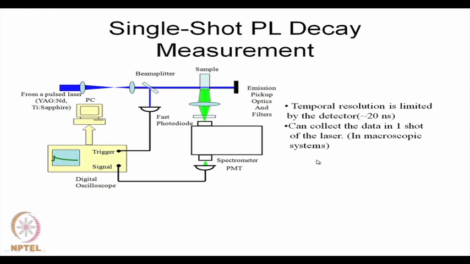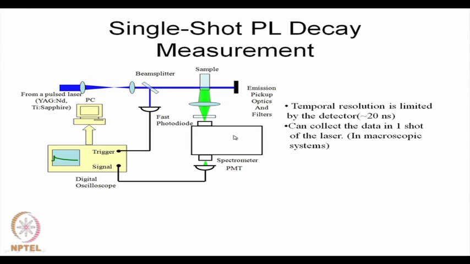This temporal resolution is limited by the detector, and it can collect data in one shot of the laser. The signal the digital oscilloscope collects can be fed into a PC for further processing of the data.